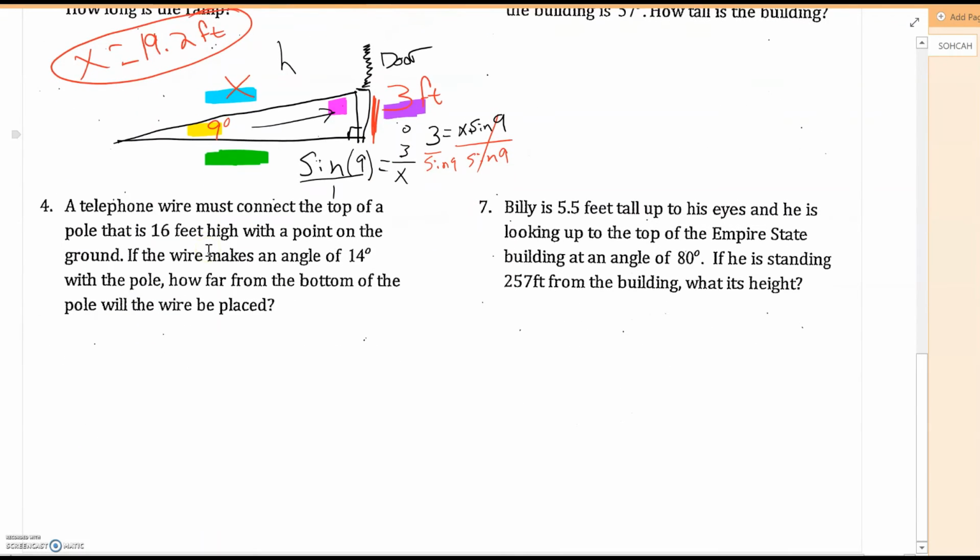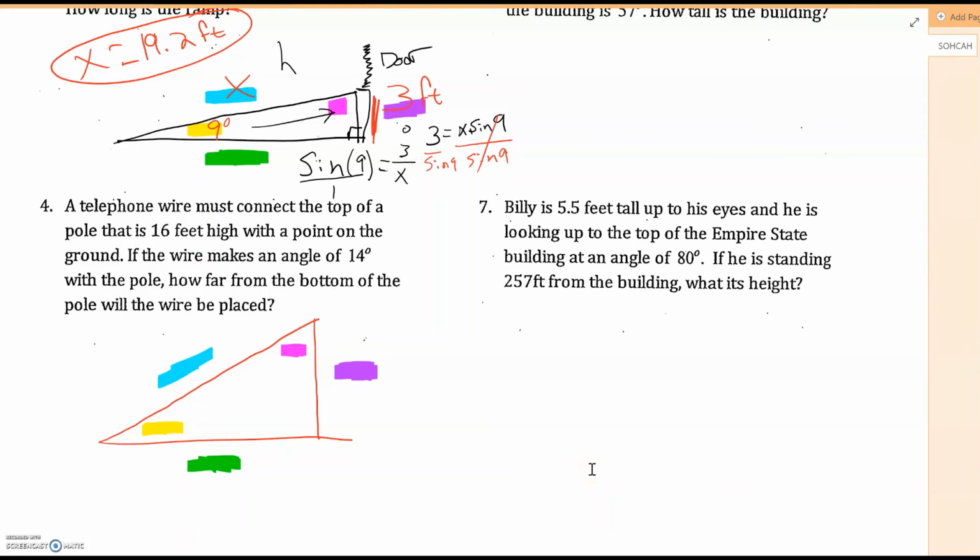All right. So if I go for number 4, here's what I'm going to do. I'm going to have you guys set it up, and then I'm going to come back and see if we can fill the numbers in the right spot. Okay. Here's my telephone wire going here.